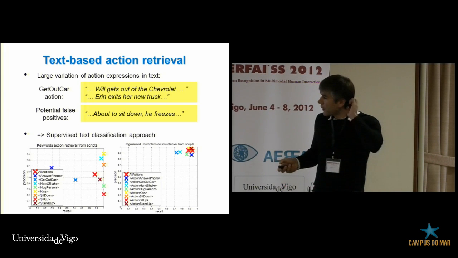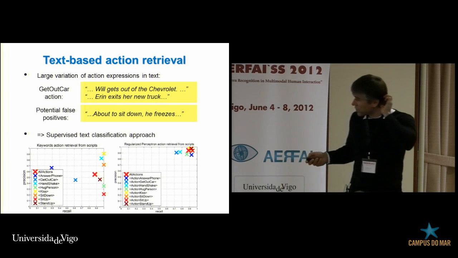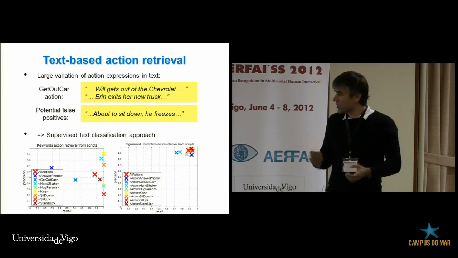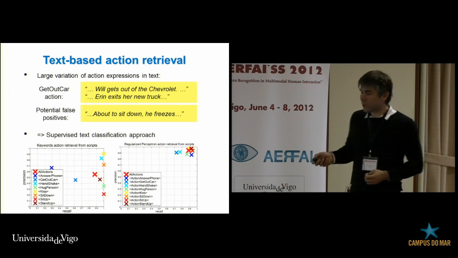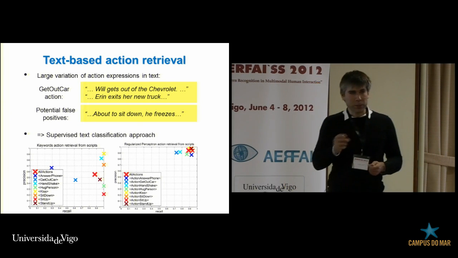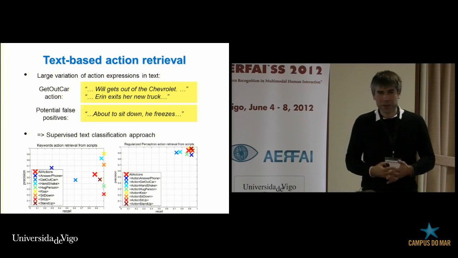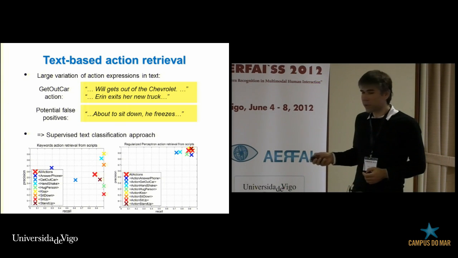There are some actions like kissing, which is very good because kiss is a very discriminative word, but other actions have lots of variability in the text. How can we improve this? We can go and label some text episodes in the script manually, and then train a text classifier, and then the results get much better.